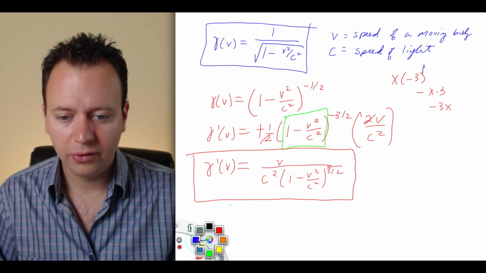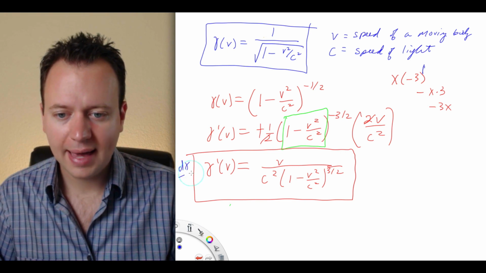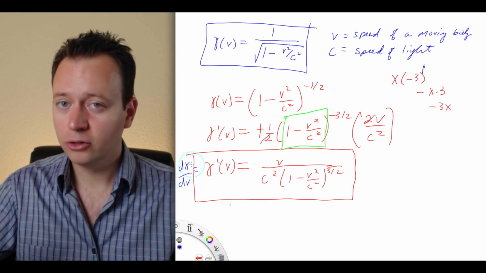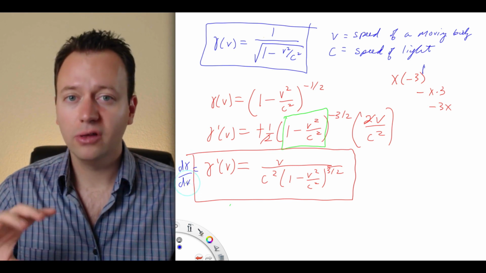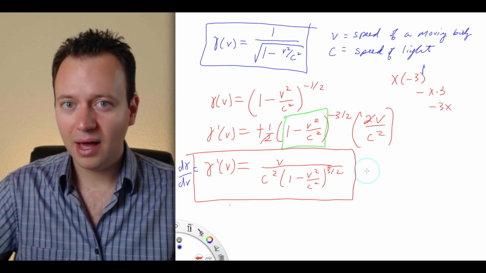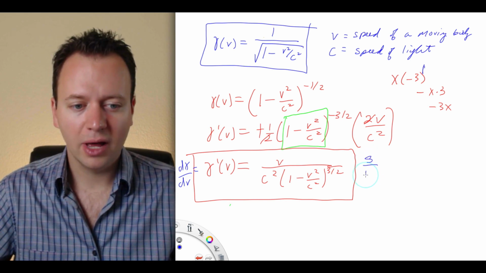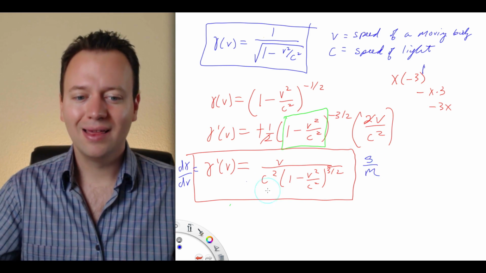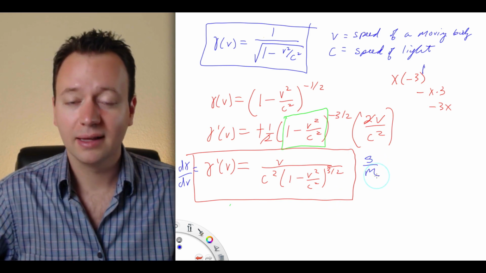So remember, the derivative represents d gamma dv. So it's the units of gamma, which there aren't any, divided by the units of v. So it's divided by meters per second. When you're dividing by meters per second, it's the same as multiplying by seconds per meter. So velocity is measured in meters per second. This quantity will have units of seconds per meter.